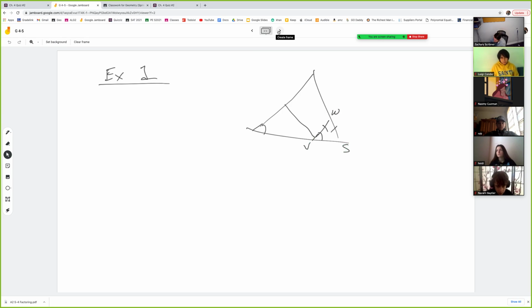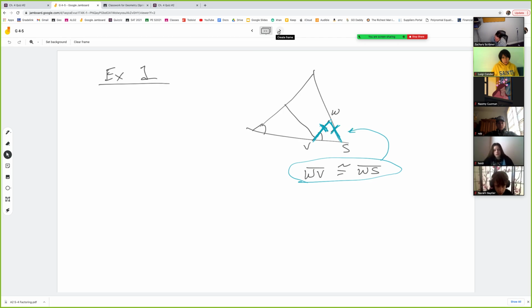Basically, what they've given you is that WV is congruent to WS. Okay? What are those lines? What it's saying is that this line is congruent to this line. Okay? That's what this is saying.